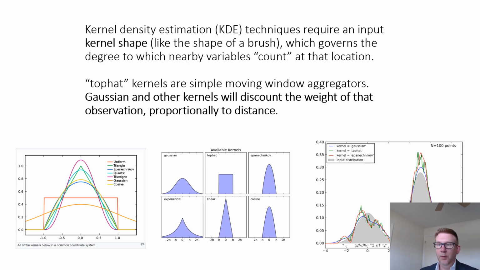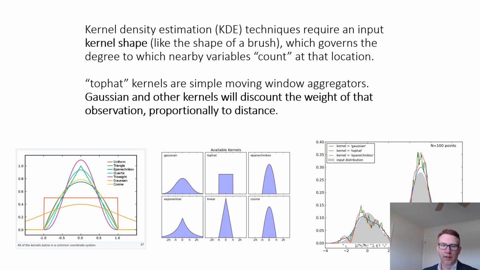A more sophisticated way of doing this, though, is to weight things differentially based on their distance, so that at some point the weight drops off to 0. Let's take a look at the linear kernel. Here, everything within 0 distance, meaning the point itself, is weighted with 1, and the weight of that observation drops off linearly to some value.